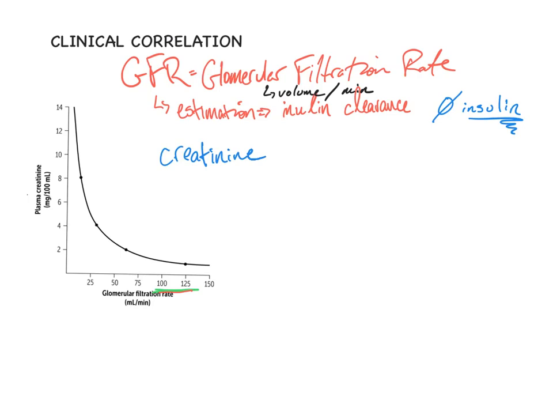So if we have high levels of creatinine in our blood, then we can conclude that there is a problem with our kidneys. Let's look at the table on the left. Plasma creatinine levels and GFR are inversely related, so low levels of creatinine correlate with a normal GFR. Conversely, a high creatinine correlates with a low GFR.